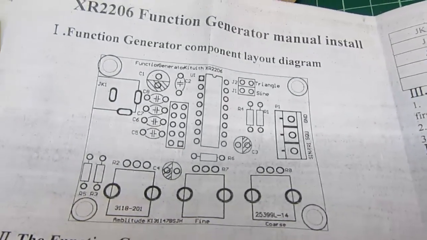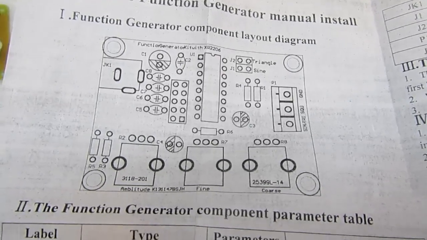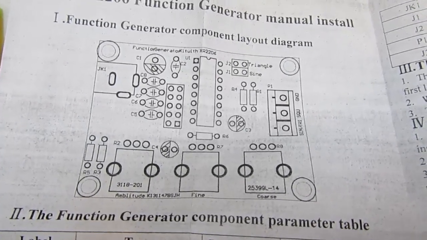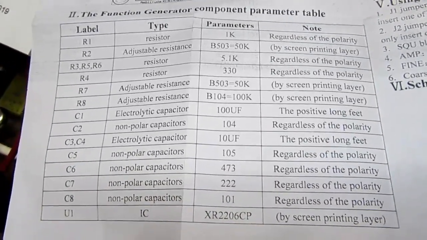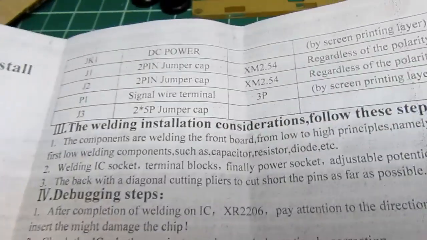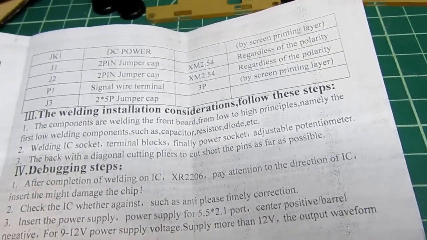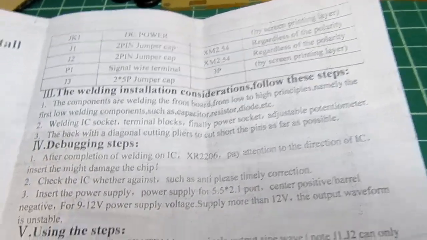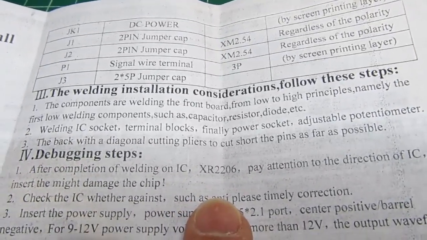Well, this is a bit more of a basic kit in that it doesn't offer a lot of instruction, but should be adequate. It does have a parts layout, the bill of material, more parts list, continued over here. Instructions using some weird typography. The welding installation considerations. Follow these steps.